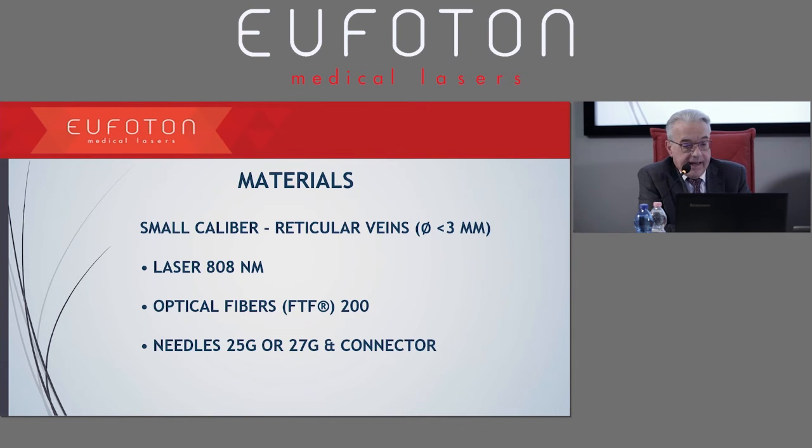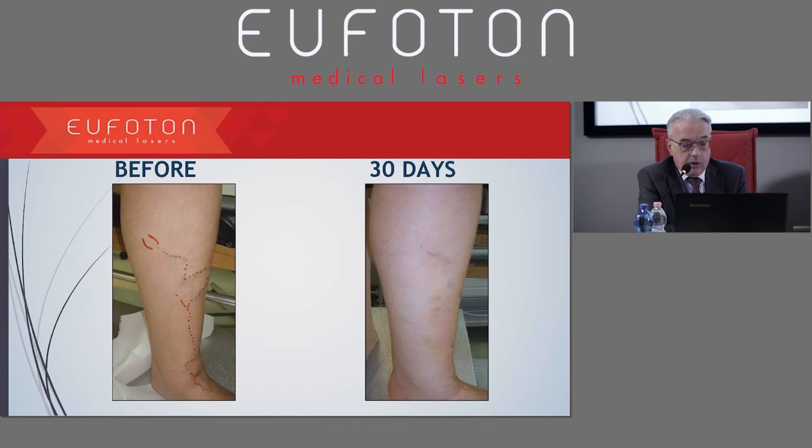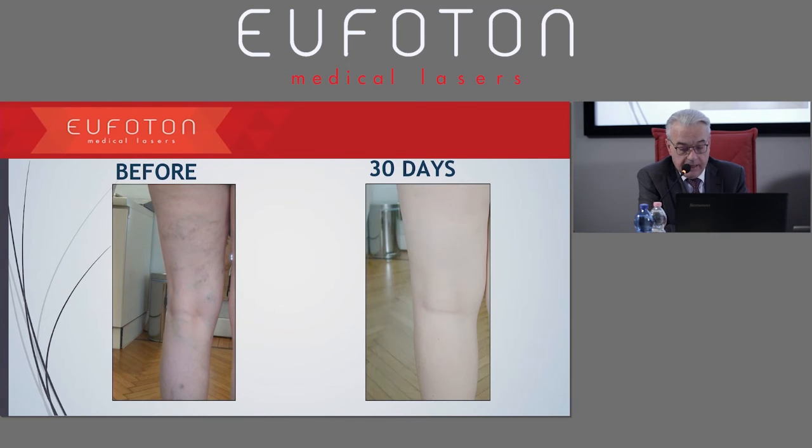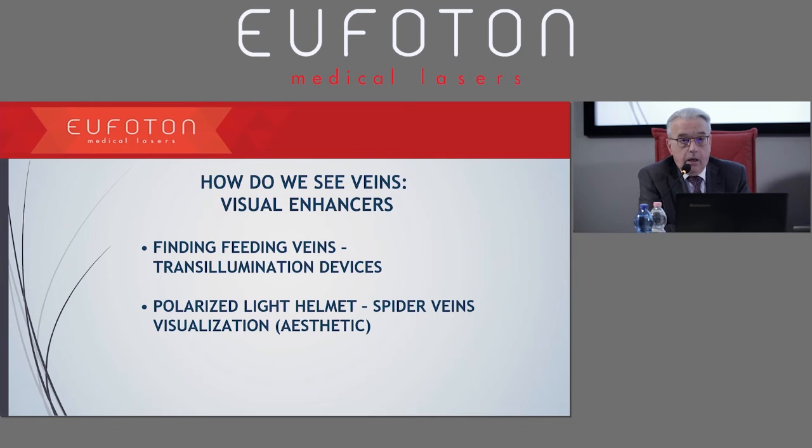So the materials, just as I said before: laser 808, 200 micron fibers. We can introduce them with cannulas, but also directly, as in this case, before and after. The accessories that I've seen to visualize these telangiectasias completely change the image.